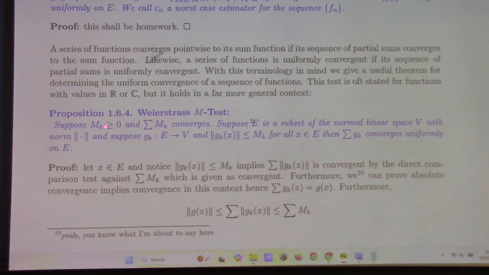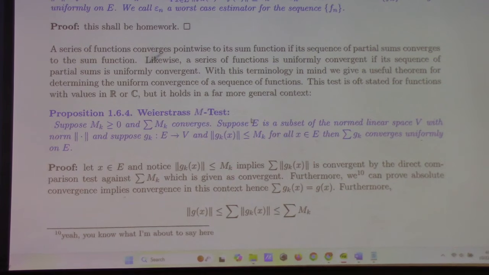If we have a series of non-negative terms M_k which converges, and you have a subset E of a normed linear space V with norm, and suppose you've got a sequence of functions g_k with common domain E taking their values in the vector space, and the norm of g_k(x) is bounded by the majorizing term M_k for all x in E, then the sum of the series of the functions converges uniformly on E. So what this allows us to do is to gain uniform convergence of a series of functions from the known convergence of a series of numbers.